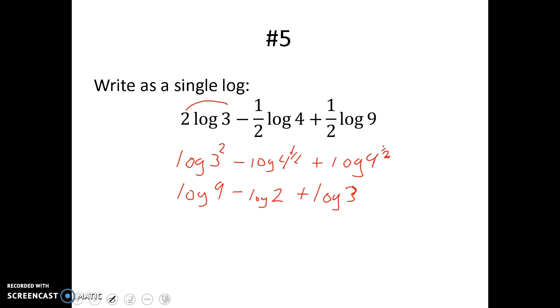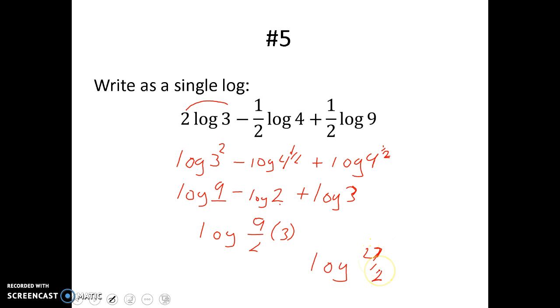So we could write this as a single logarithm by taking the log of 9 over 2, that's the first two logarithms, 9 divided by 2, times 3. Well, 9 over 2 times 3 is the same thing as the log of 27 over 2.